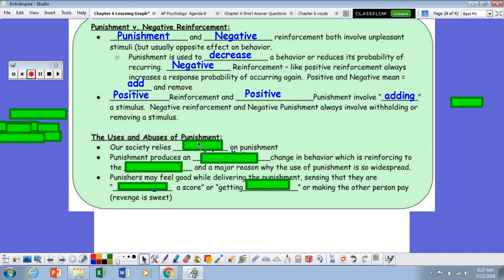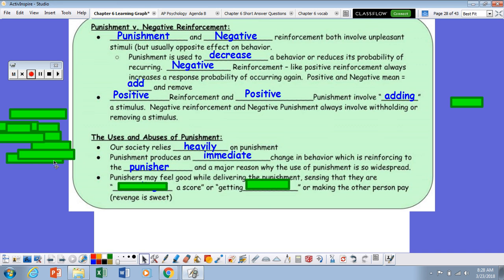There are some problems with punishment, and I want to address those. In our society, here at least in the United States, we do rely very heavily on punishment. Punishment produces an immediate change in behavior, which is reinforced for the most part by the punisher.